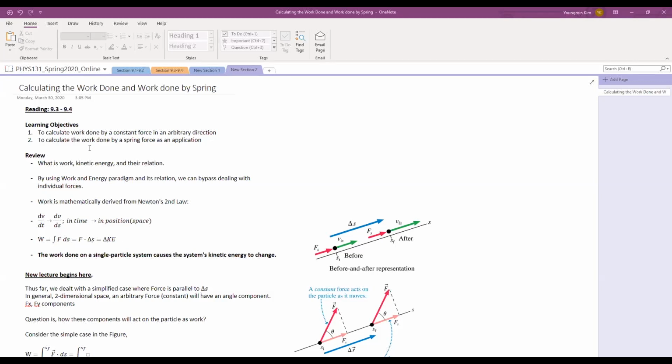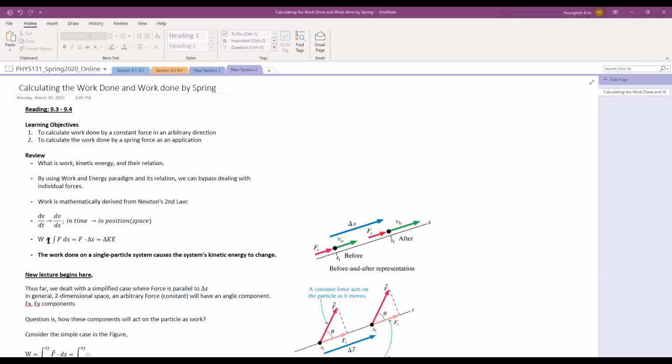Now, we also learned that the work is mathematically derived from Newton's second law, and that the velocity, which usually is in time in Newton's F equals ma, we derive the velocity with respect to change in position, in change in space instead of in time.